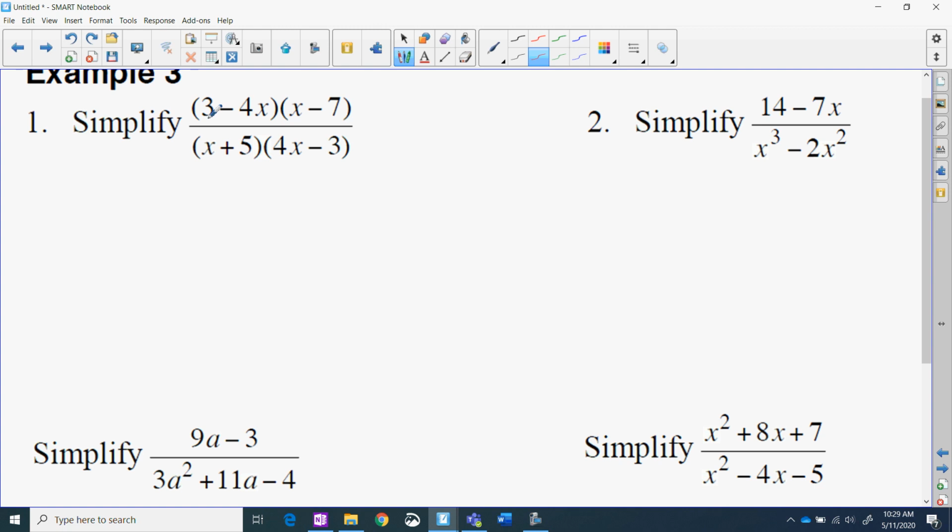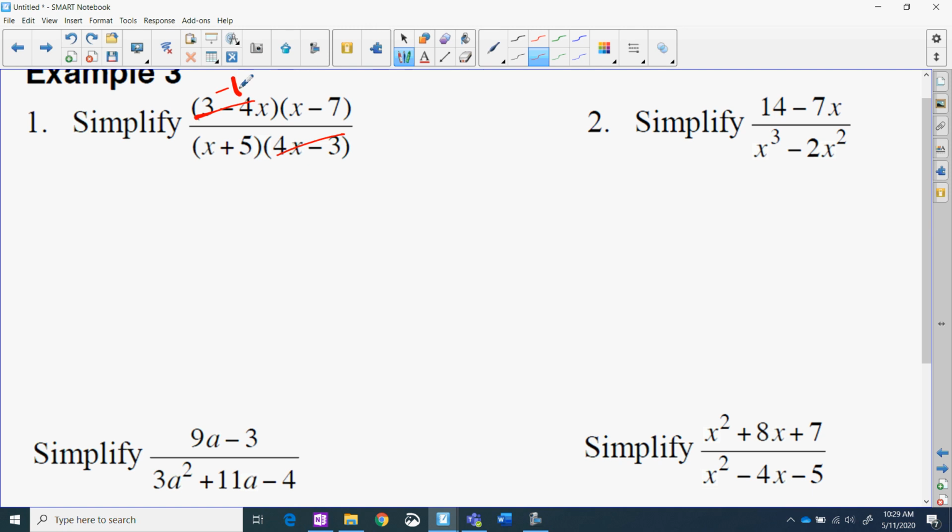However, I've got this 3 take away 4x and 4x subtract 3. That's that situation we just talked about. They're the same two terms, just subtracted in the opposite order. I am allowed to cross them out, but I just have to realize that I don't divide them out to get a 1.